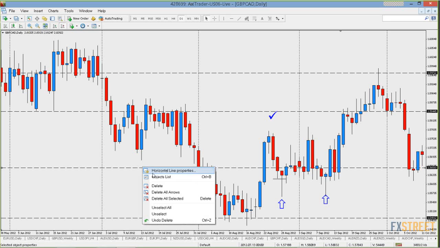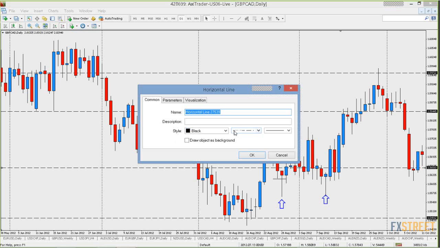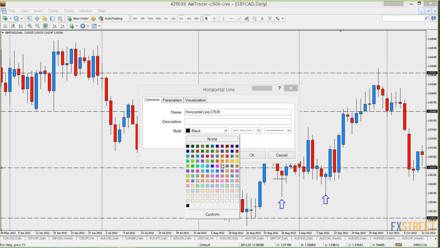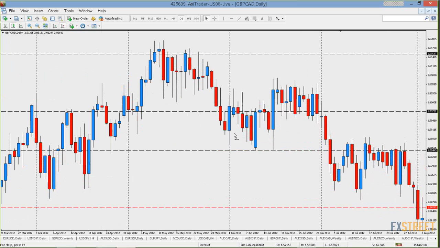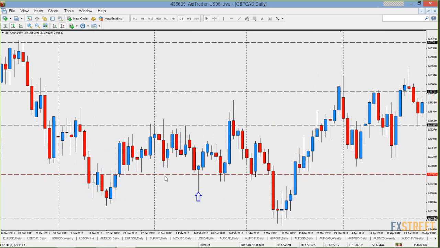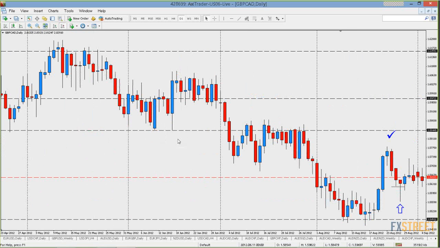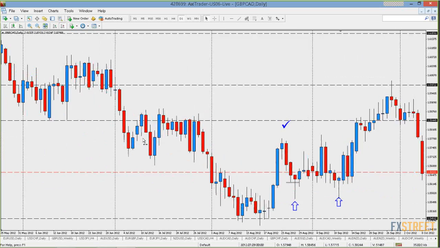I'm not going to try and kick down the straw man here. If I go back in time, I just want to make sure this red line captures all the touches, and it does. Yes, okay, cool. So I would say it's a good setup.